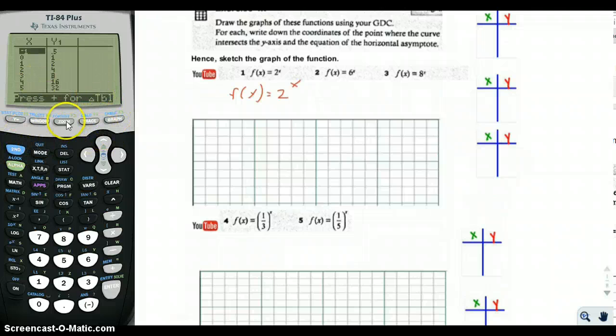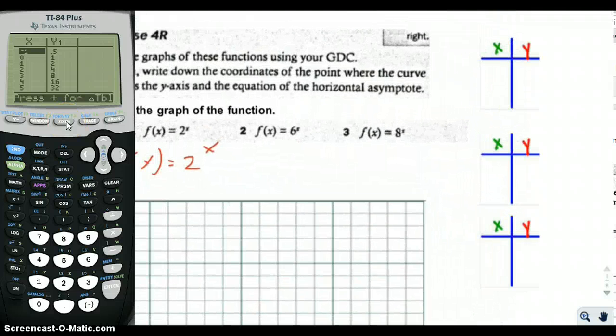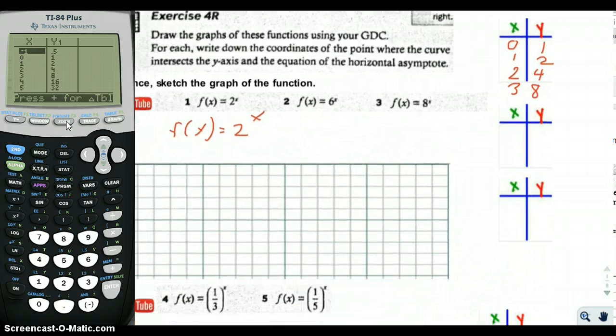Here we go. So let's say that we're going to start a graph at 0. So put 0, 1, 1, 2, 2, and 4. Those are the first 3 points. The third one is 3 and 8. Okay.